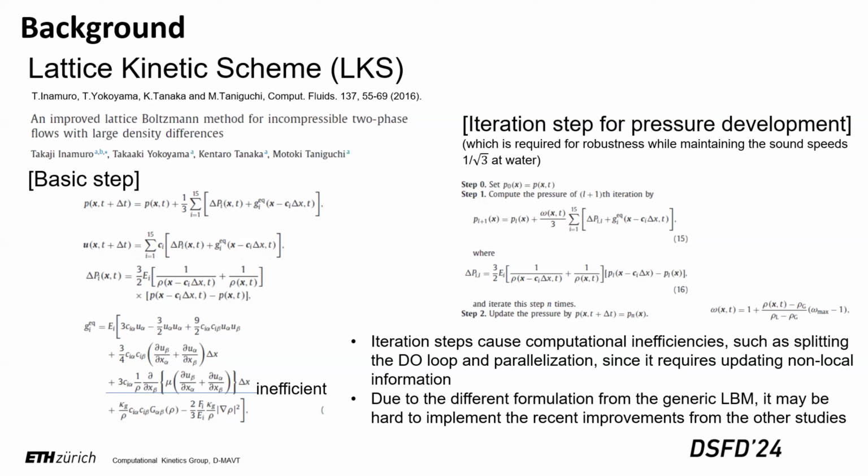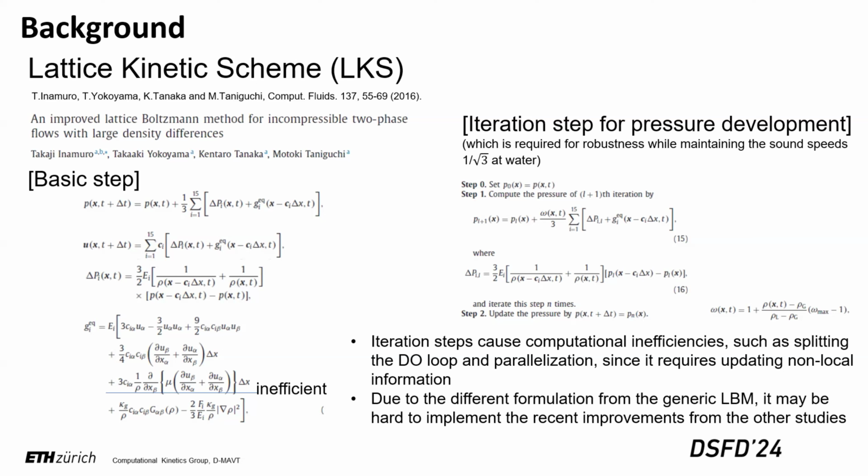This iteration step is not desirable for optimizing the algorithm, because to introduce it, we have to break some do loop. All lattice-Boltzmann schemes have to be local, but here we have to compute a gradient or difference of neighboring values. So we have to terminate the do loop at that point, and then again reduce the do loop after that whole iteration.